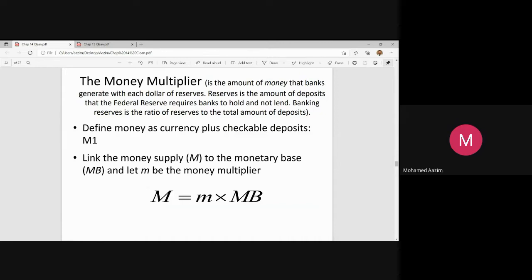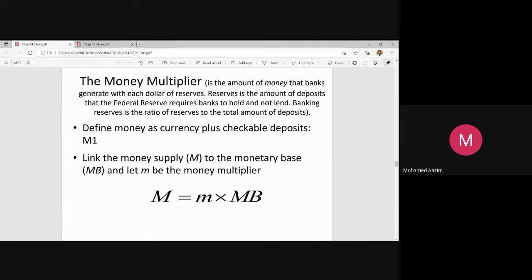Yes, in the case of money also, there's a multiplier that is considered one of the key drivers of money supply in today's context. So when you say money multiplier, the meaning is the amount of money that banks generate with each dollar of reserves.